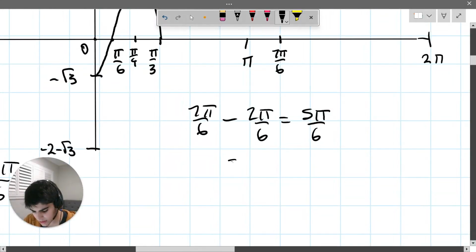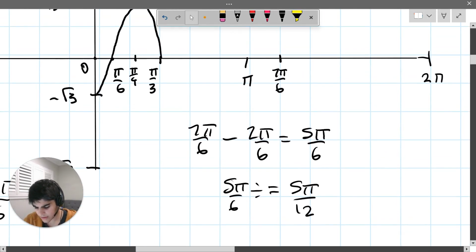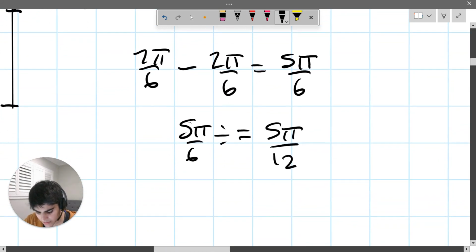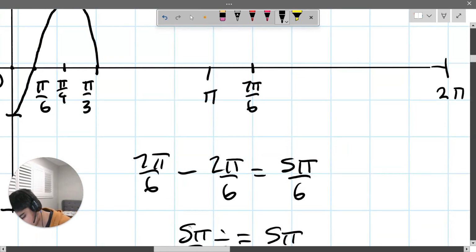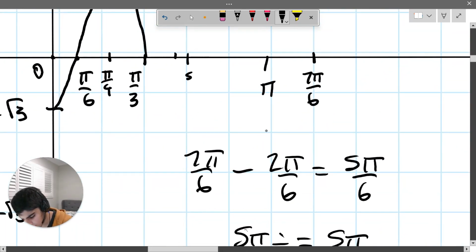Now 5 pi on 6 divided by 2 equals 5 pi on 12. Now 5 pi on 12 is just below 6 pi on 12, which is pi on 2, so 5 pi on 12 should lie around here.